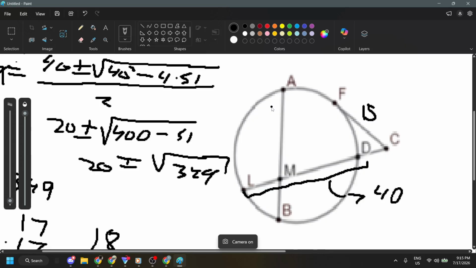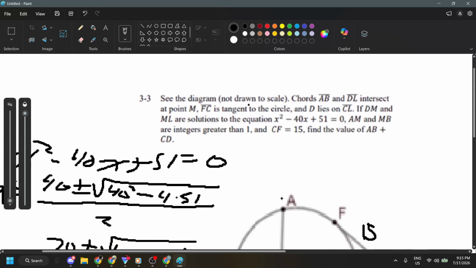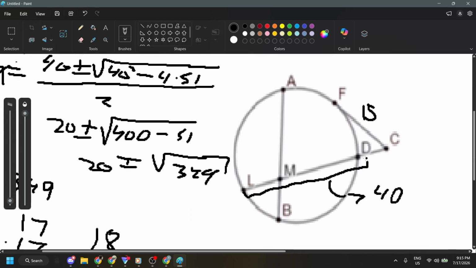The only constraint we have here is that it intersects at M, right? And we know this here and this here. But AB can still be anything.